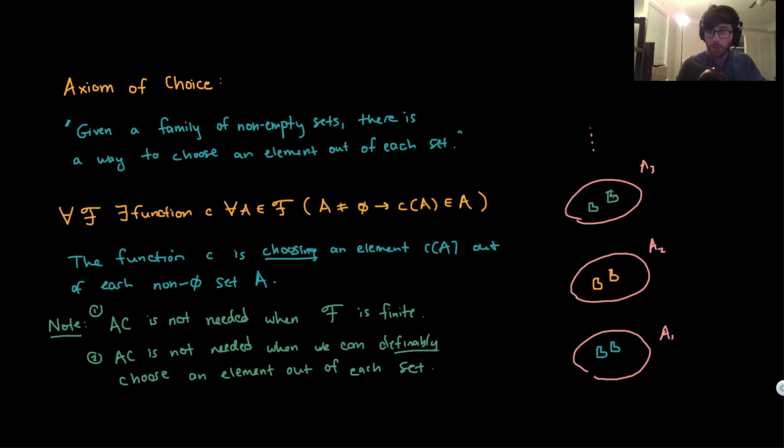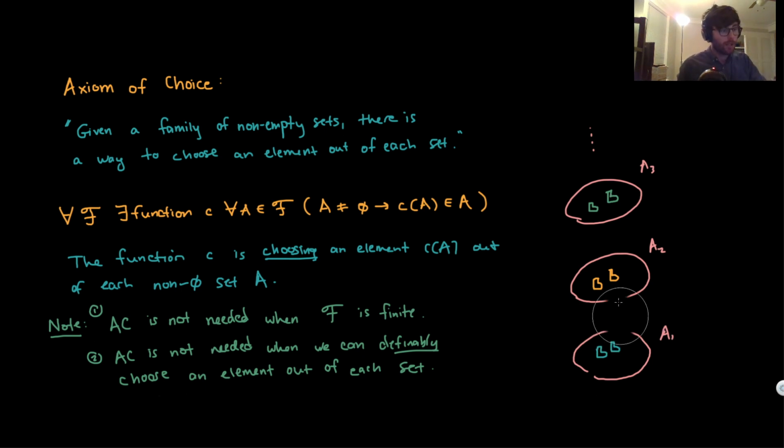If we wanted to choose an element out of each of these A_i, we wouldn't have to use the axiom of choice. The reason is that we can distinguish between these shoes. We could just choose the shoe that would go on your left foot, for example, or you could choose all of the shoes that go on your right foot. We can find a way to distinguish between the elements of the sets A_i.